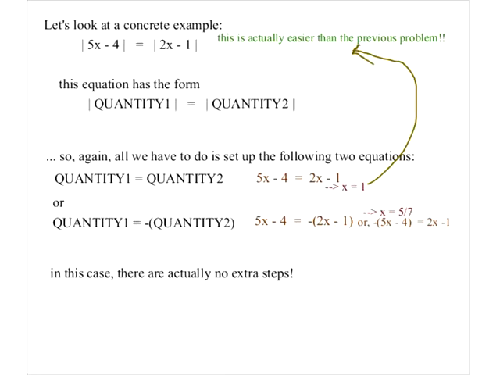If you take this one and plug it back in, then you wind up with an equation that says the absolute value of 1 equals the absolute value of 1. That's going to work. But if you look in this case, you can see why it doesn't matter for you to plug back in this time.